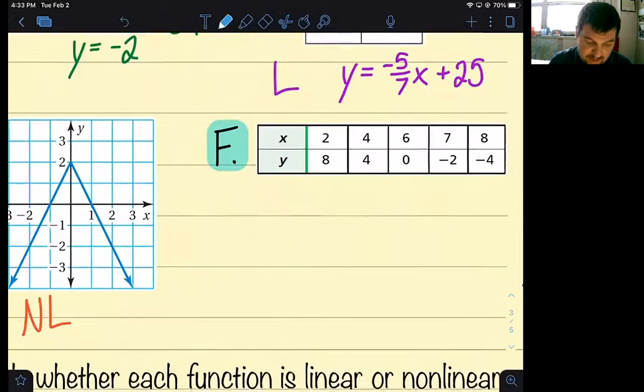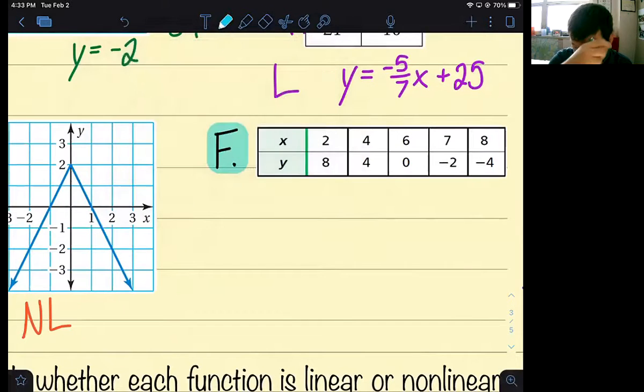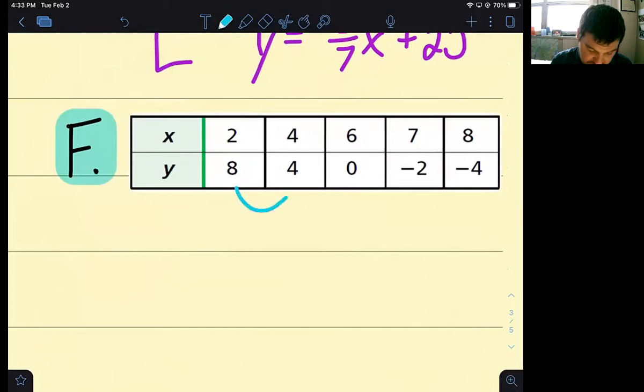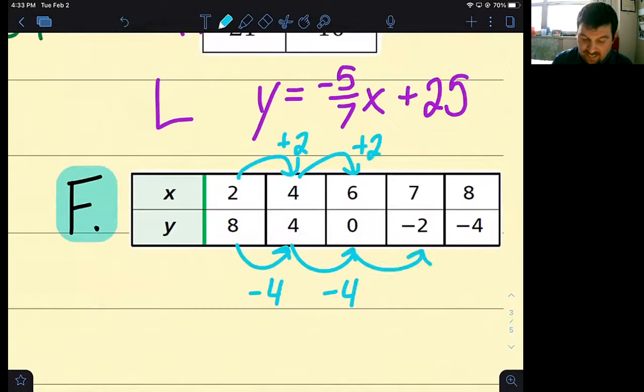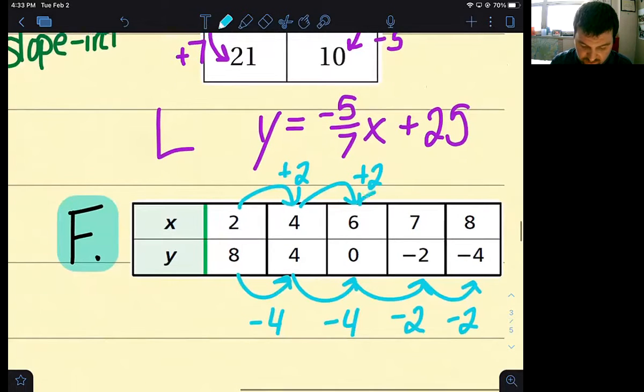Example F says, when I decrease by 4, I increase by 2 for the run. Okay. Ooh, but if I decrease by 2, so that number's changing, then I increase by 1.